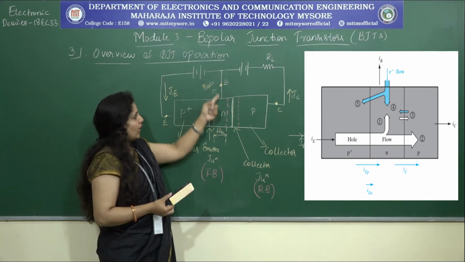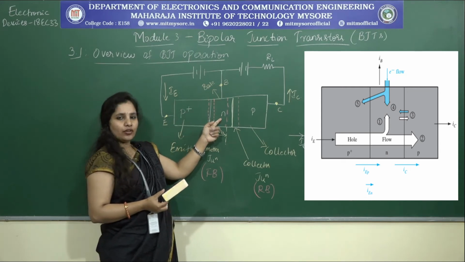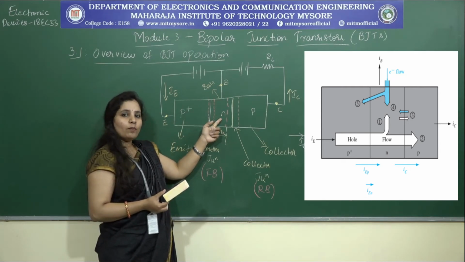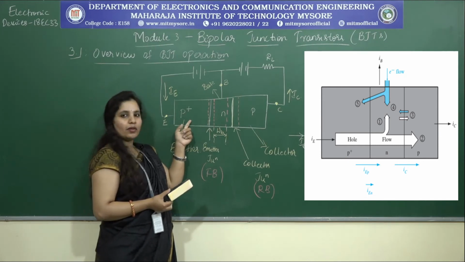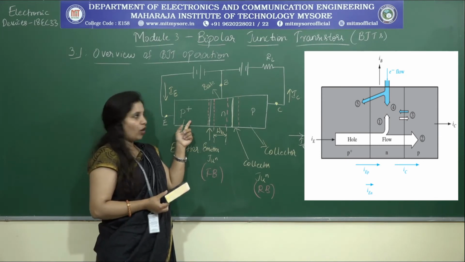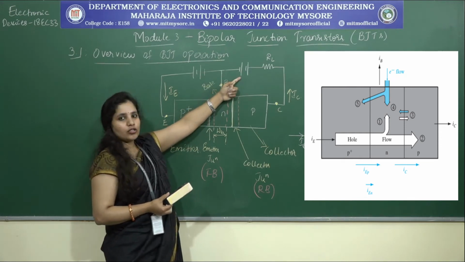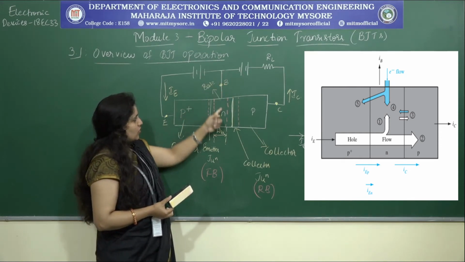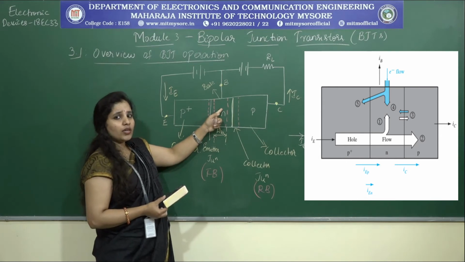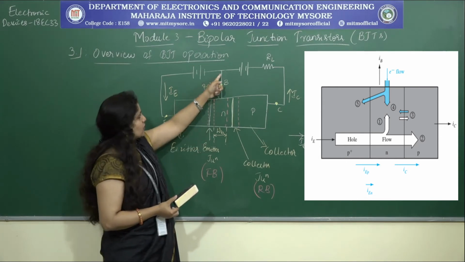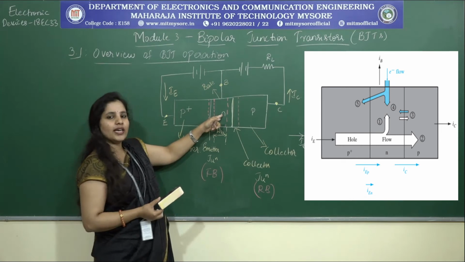They will provide certain electrons into the N region. Why? Because we need to compensate the electrons which recombined with the holes coming from the P plus region. Now once these external sources are providing electrons to the N region, how does the electron flow happen? That is in this direction, towards the N, right?